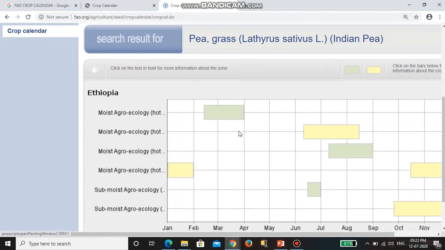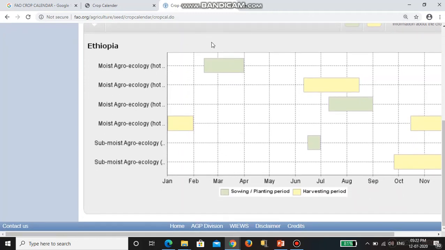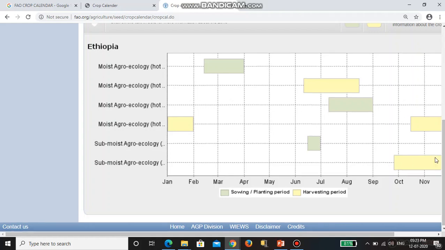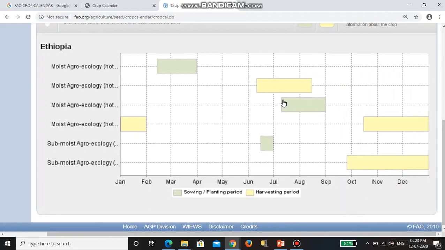This bar implies the sowing period, that is, we will sow between March and April. And the harvesting period is shown here, so when they will harvest, in the season of July to August like that.